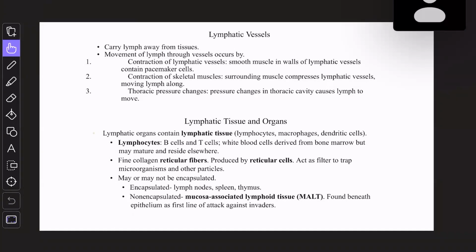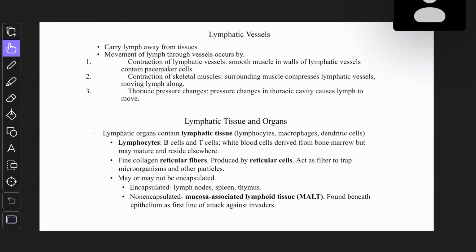So in order to move lymph through the lymph vessels, we have to have contraction of the smooth muscle around the lymphatic vessels, as well as contraction in the skeletal muscle around those lymphatic vessels. And then changes in thoracic pressure, which is basically related to your breathing, and we'll talk about that in more detail when we get to the respiratory system. Make sense? You guys with me? Okay.